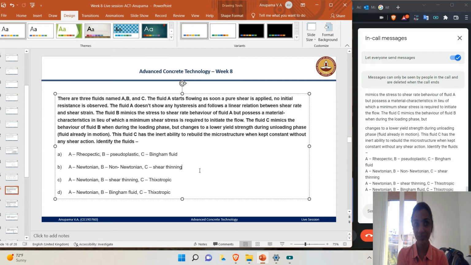Fluid A has a linear relation but without any initial shear stress. And option B also has a linear relation, but it has an initial shear stress to overcome.